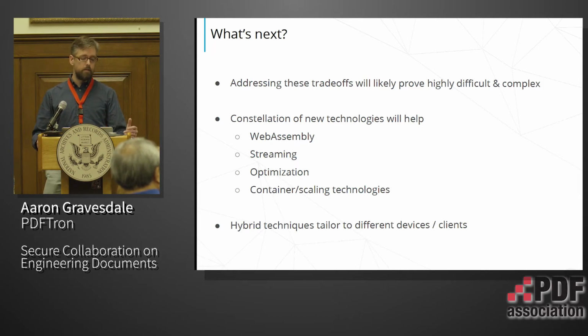And so these can lead to a lot of hybrid techniques that can allow you to tailor to different devices and different clients and different scenarios, and manage these trade-offs between these competing concerns.